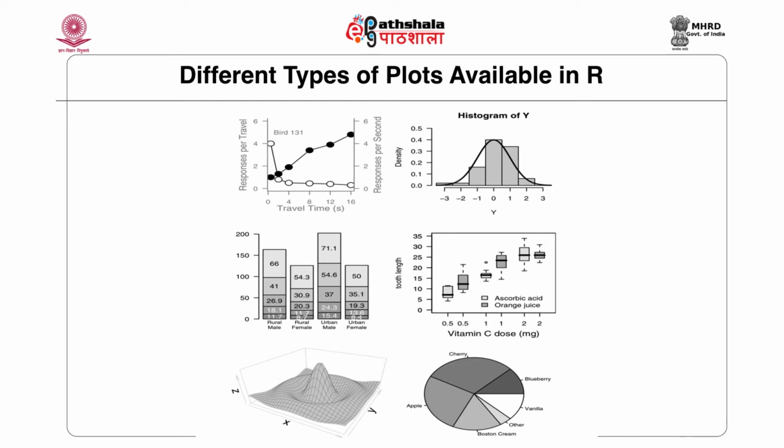Moving clockwise, the first one is a histogram of a particular variable, which also shows a superimposed density plot on the histogram.